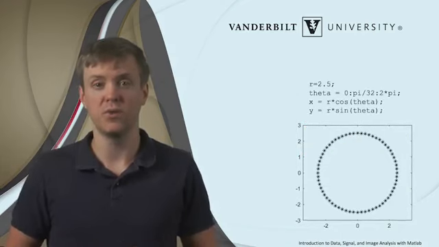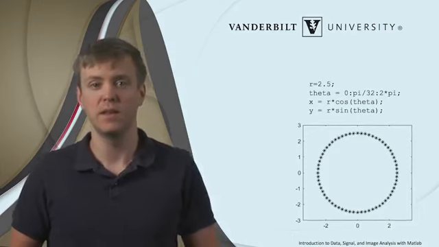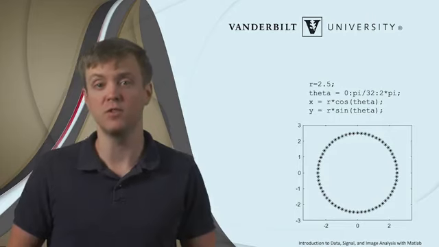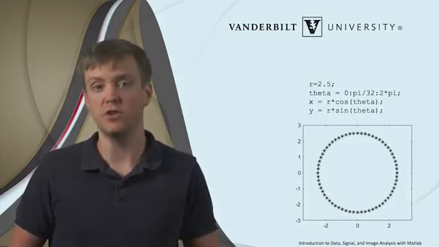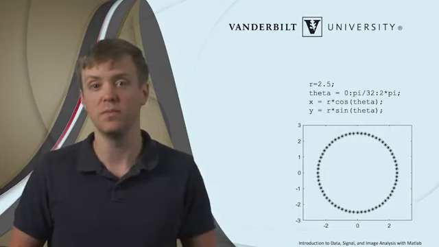First, we define a radius for the circle, set to be 2.5 here. Then, we densely sample a set of angles where we want to define xy coordinates along the circumference of the circle. These would be radians from 0 to 2 pi, sampled at a fine interval, such as steps of pi over 32.